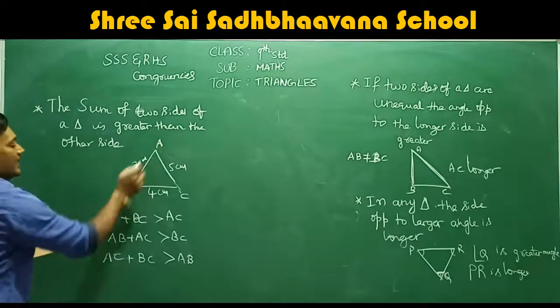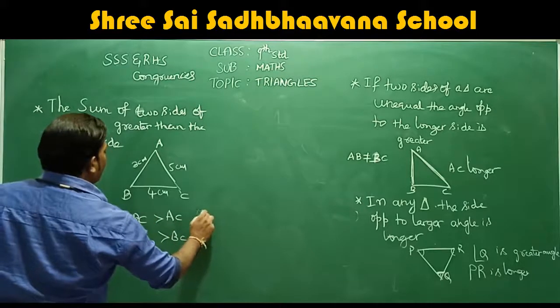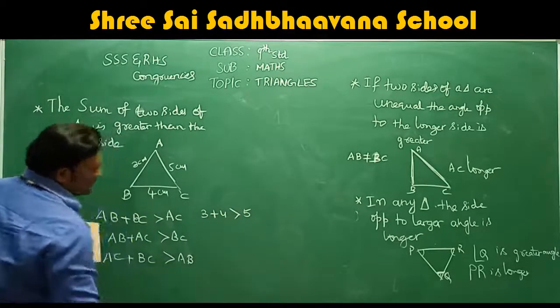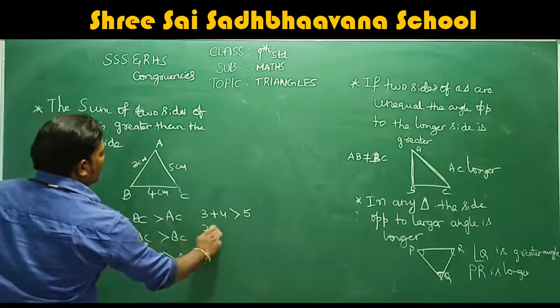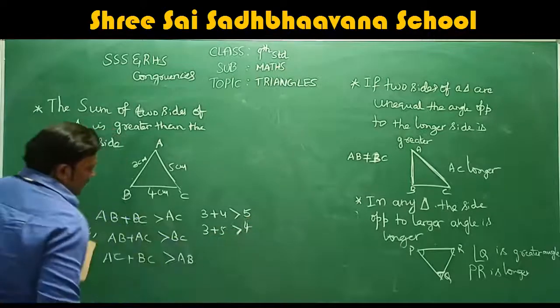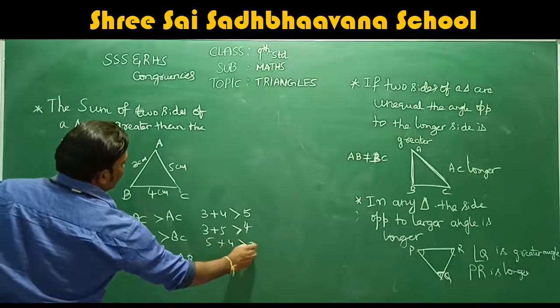For example, in triangle ABC, first you add any two sides. For example, I add 3 plus 4. Obviously, it is greater than 5. Understood? Next, AB plus AC, how much? 3 plus 5, which is always greater than 4. Next, AC plus BC, which means 5 plus 4, which is always greater than 3.